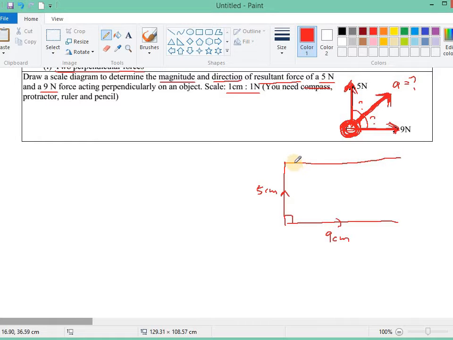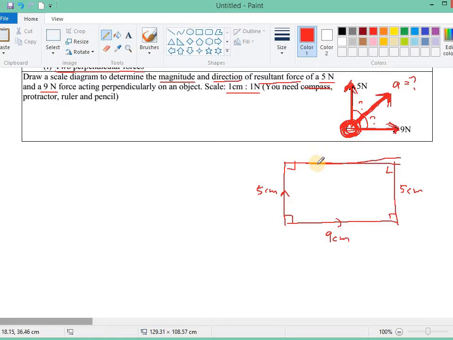Here we also measure 90 degrees and draw 9 centimeters, and then at the end we connect here. So here we'll also have 5 centimeters. All the angles are 90 degrees. All of these lines represent the forces.